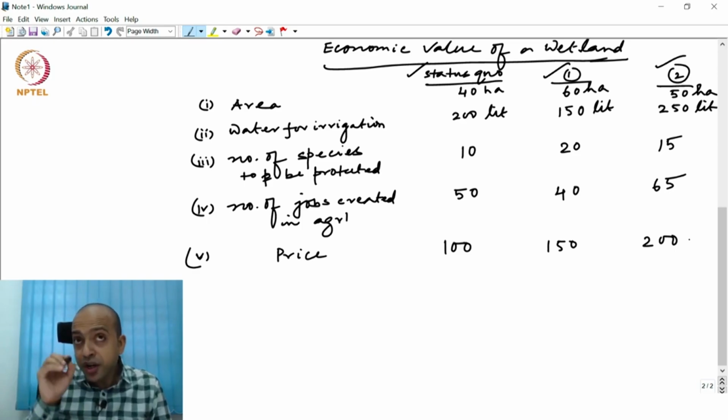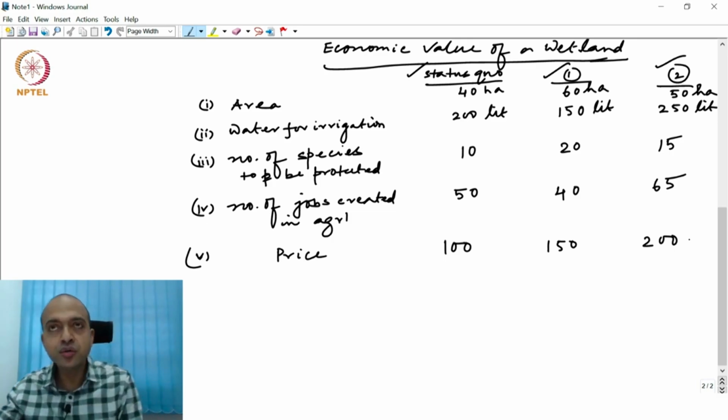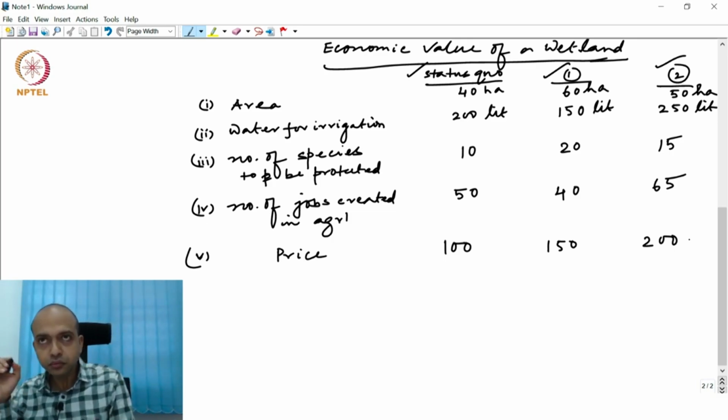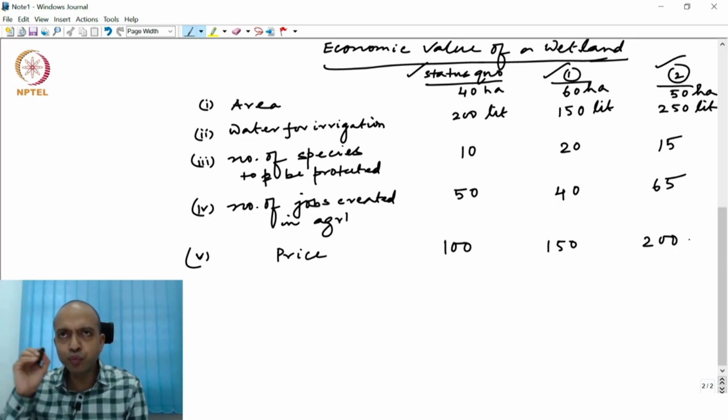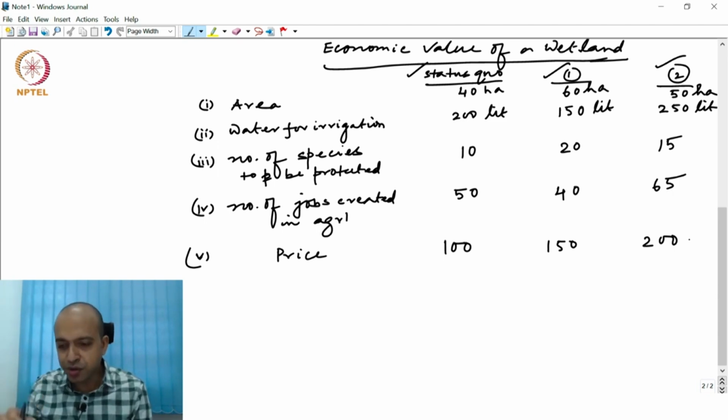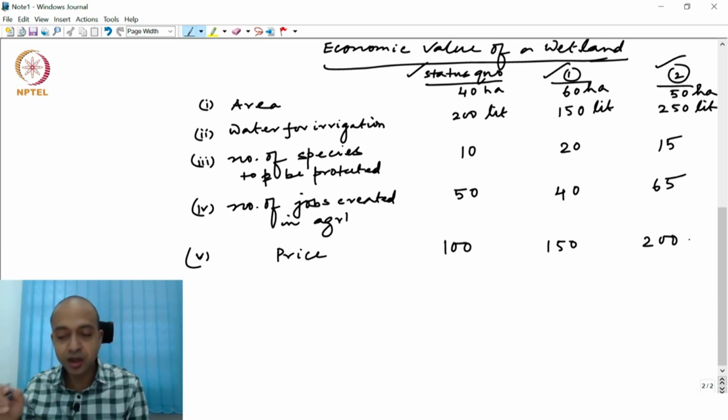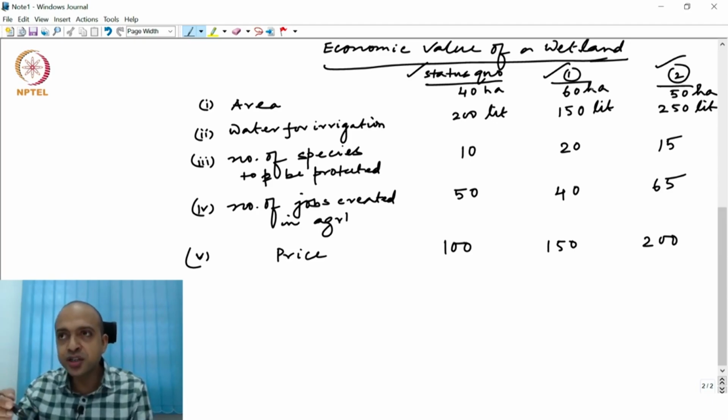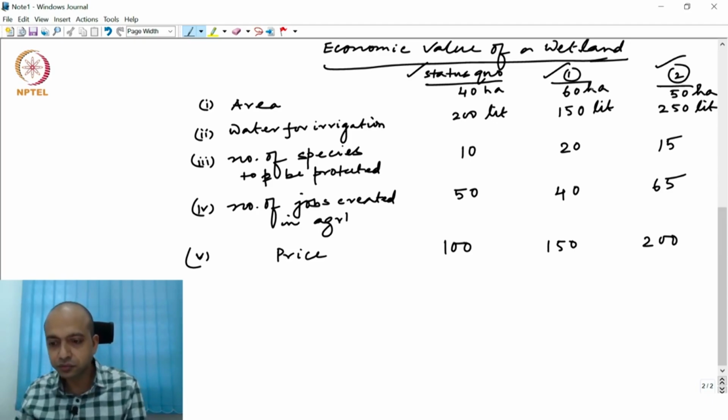Now, when the respondents are thinking whether to take the status quo situation or scenario 1 or scenario 2, they have to make some kind of trade-off between these attributes against money. So if the respondents are thinking to take scenario 1 as compared to status quo, what is the advantage? 20 additional hectares of the wetland. That means the respondents are getting more size of the wetland.